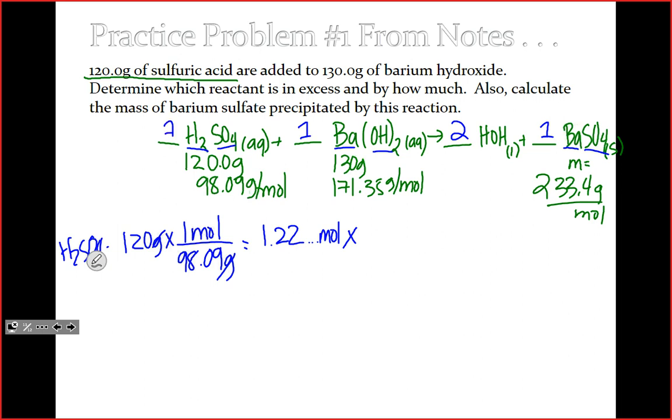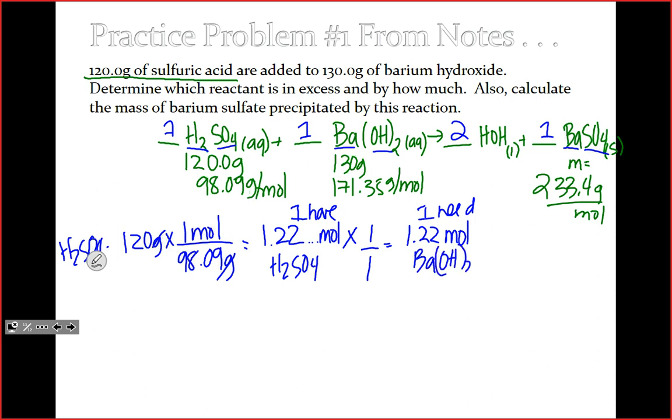That's okay. So now 1 over 1 is going to give me 1.22 moles, right? So I have H2SO4. I need 1.22 moles of barium hydroxide. So now we're going to go here.